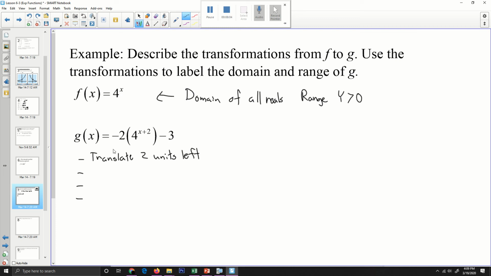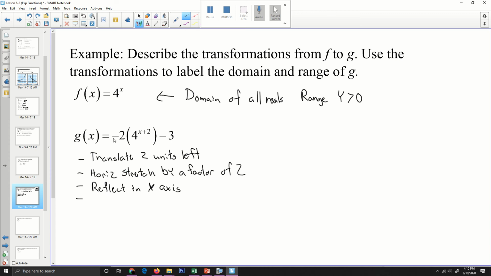So these two can be done at the same time. We could say that it is a horizontal stretch by a factor of 2, and it will be a reflection in the x-axis, excuse me.